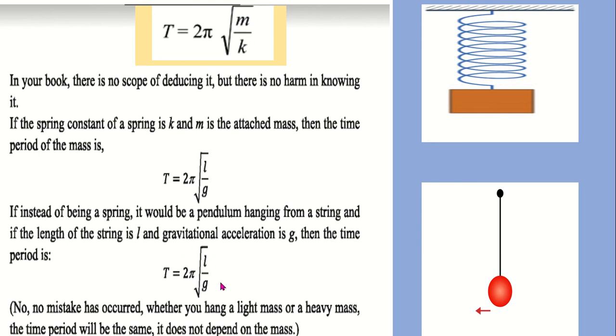But look here, the mass has no use in this equation. T equal to 2π root L by g, where L is the length of the string and g is the acceleration due to gravity. So look here, no mistake occurs whether you hang a light mass or a heavy mass. The time period will be the same. It doesn't depend on the mass.